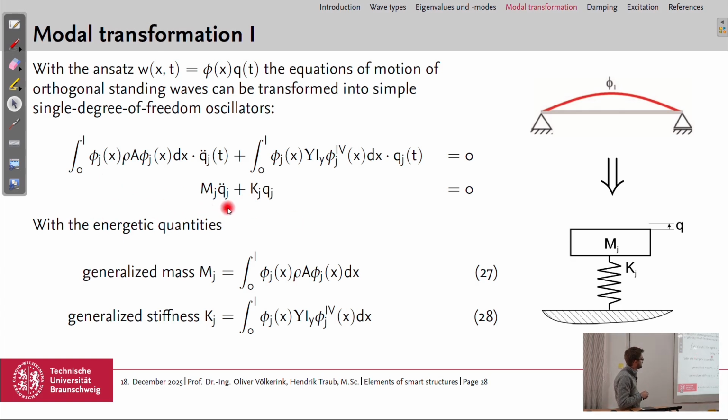So we have an equation like this: mass times acceleration plus stiffness times the modal coordinate q. And with this we can describe each eigenmode with this single degree of freedom oscillator, and when we sum them up, we can describe the overall vibration behavior of the structure by summing up all these single degree of freedom oscillators.